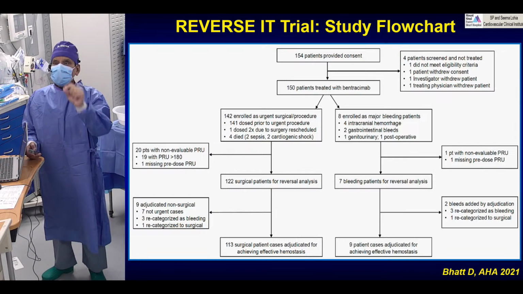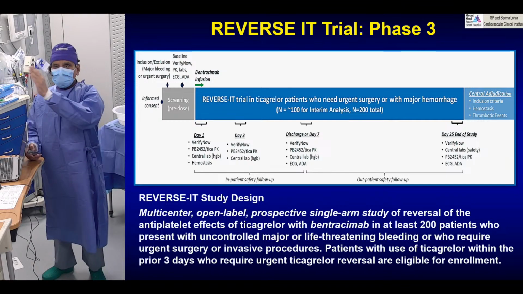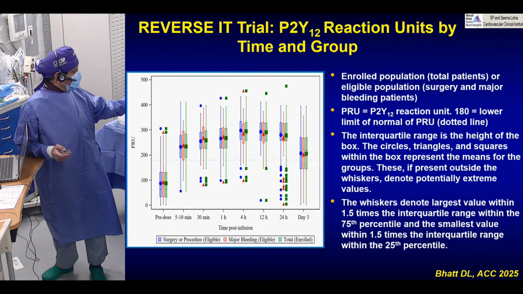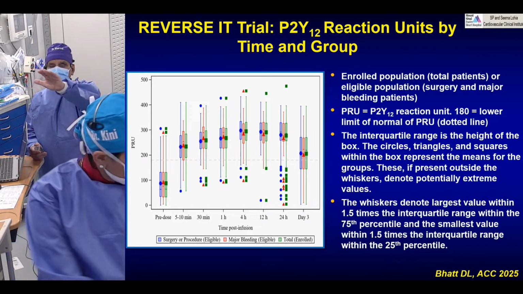This was a single-arm study of 150 patients. The patients were followed, but more importantly, look at platelet inhibition. As you can see, there is a dotted line with the PRU on the left side.